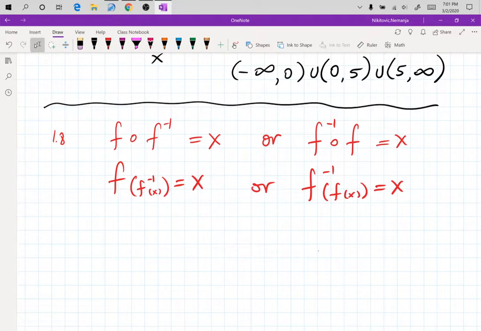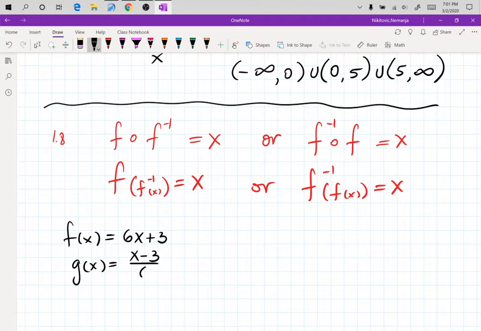The problem given to me over there says check if the two functions are inverses. I have f of x equals 6x plus 3, and g of x equals (x minus 3) over 6.